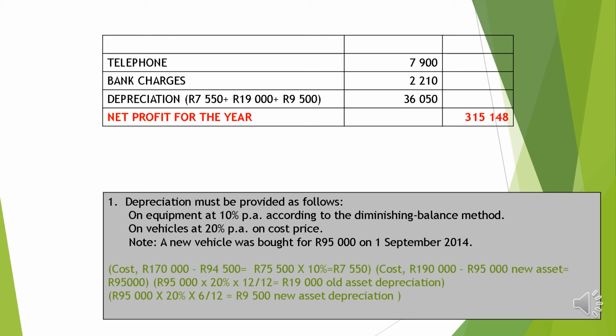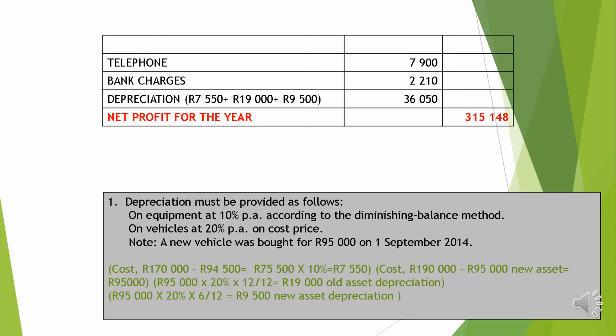So the new asset is worth 95,000 times 20% times 6 over 12. Now, why do we say 6 over 12? It's simply because we bought an asset, or rather, let us go back to our timeline. We said the beginning of our financial year was 1 March 2014, and the end of our financial year was 28th February 2015.